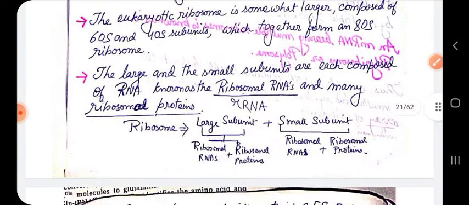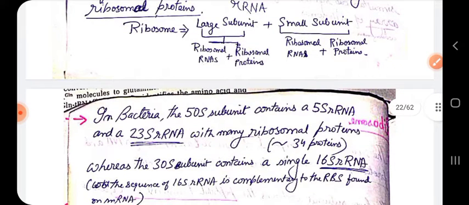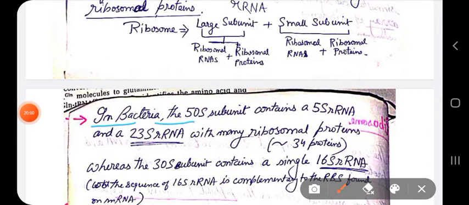So ribosomal proteins and ribosomal RNA are the components that make up the large and small ribosomal subunits. But there are different types of ribosomal proteins and ribosomal RNA. In bacteria, the 50S ribosomal subunit contains 5S rRNA and 23S rRNA along with many ribosomal proteins.